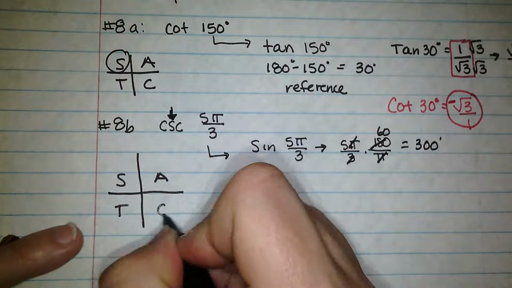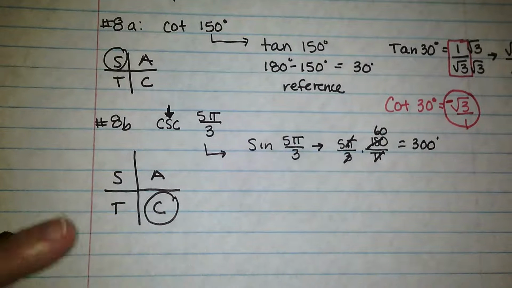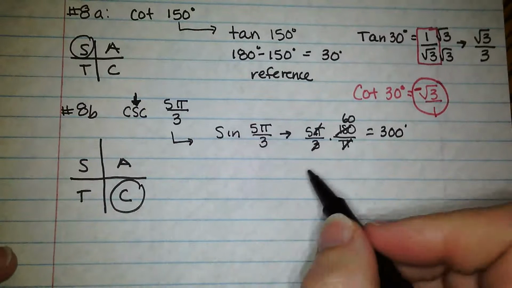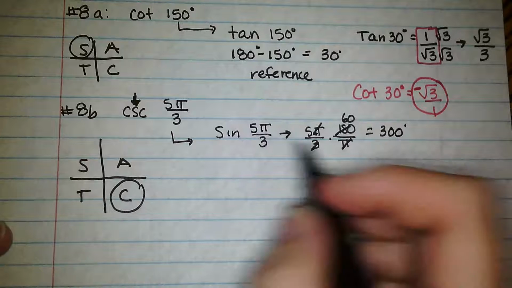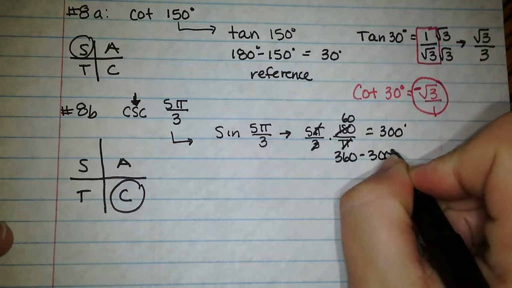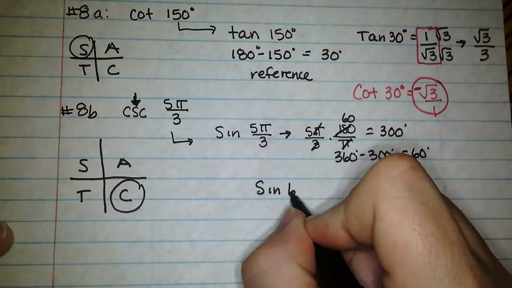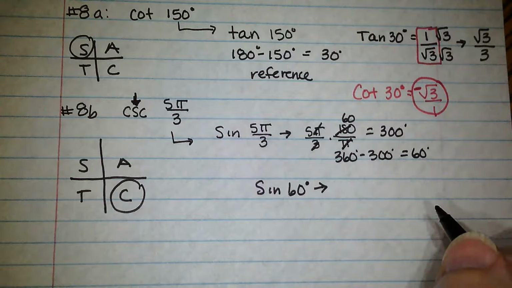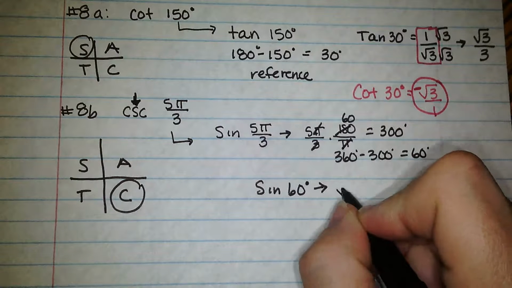All Students Take Calculus. 300 is in quadrant 4. So our reference angle rule for quadrant 4 is 360 minus 300, which is 60 degrees. So I'm looking for sine of 60. Sine of 60 is going to be radical 3 over 2.